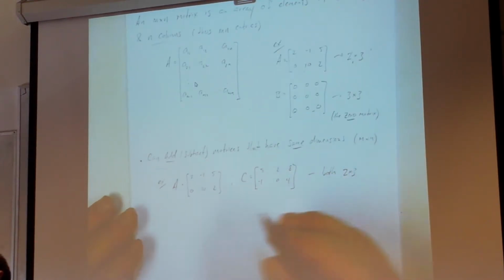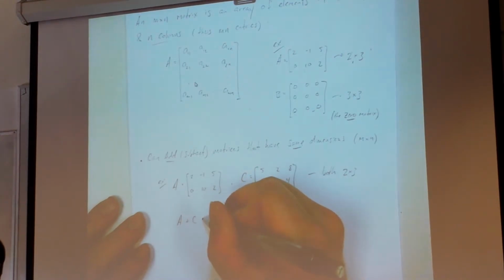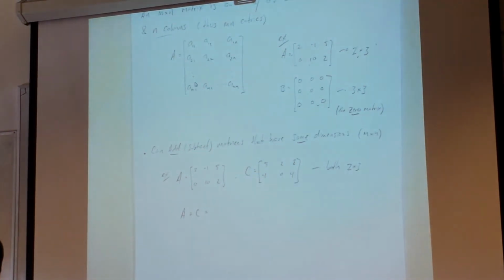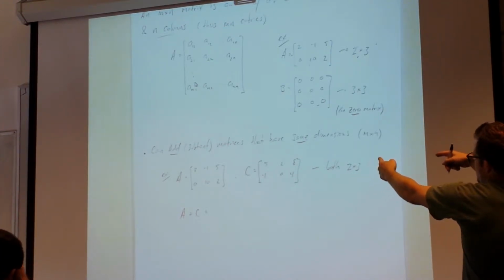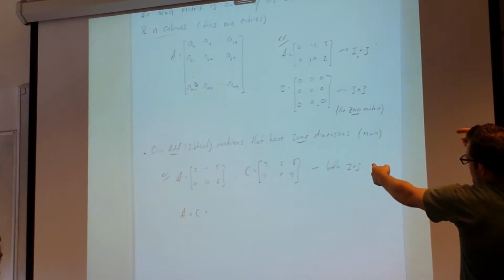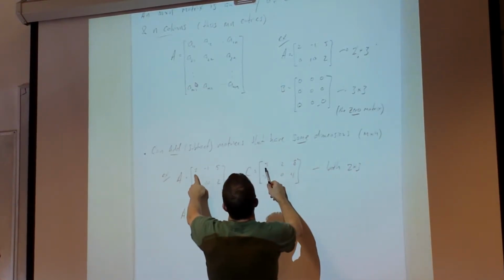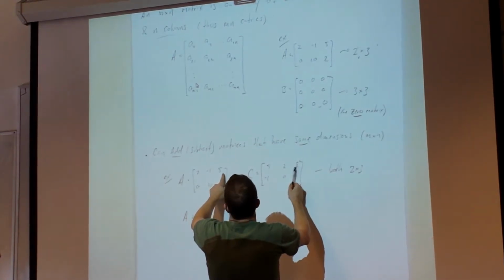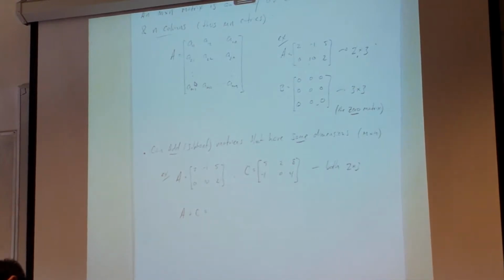Now, how do we define the matrix sum A plus C? A 1,2 plus C 1,2. A 1,3 plus C 1,3. So we just add corresponding entries. If you know how to add numbers, you know how to add matrices. That's why they have to match in dimensions.